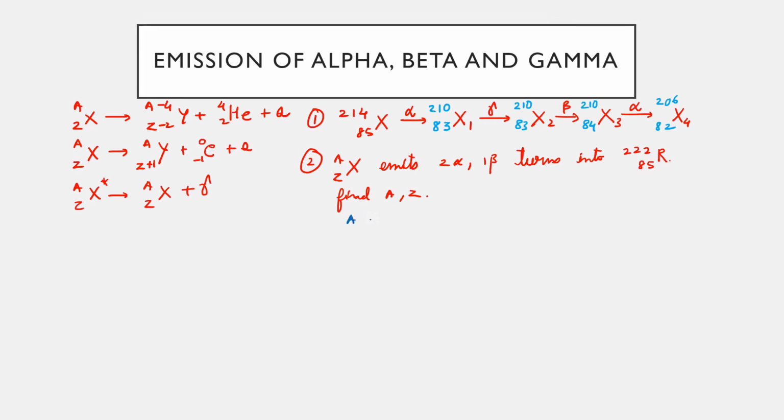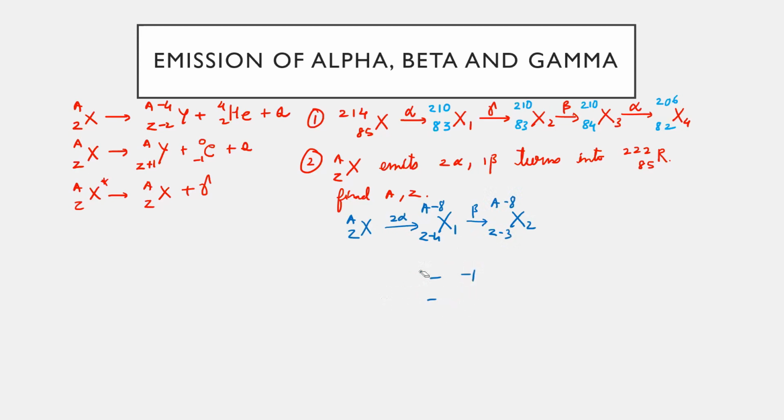When you have A and Z, let us write it one at a time. 2 alpha, it will turn into say x1, and you will have A minus 8 and Z minus 4. And then when you give out a beta, it becomes x2. So this is A minus 8 and Z minus 3, because it is Z minus 4 plus 1.